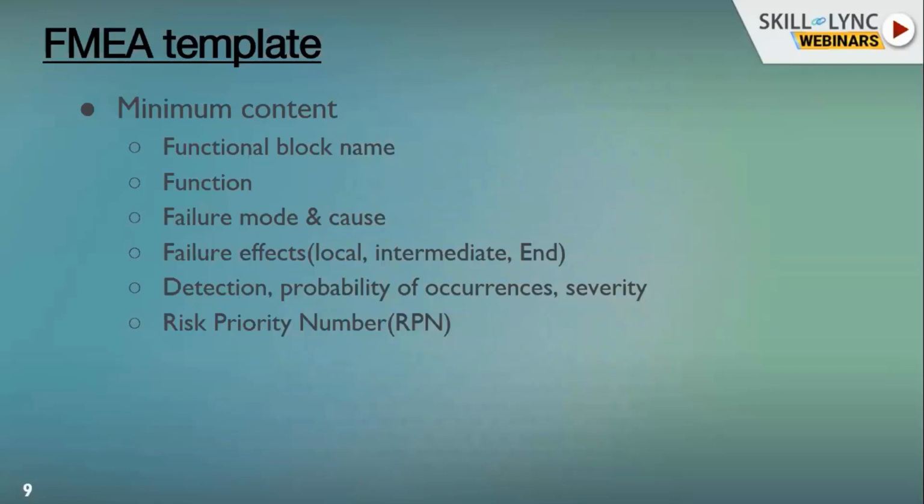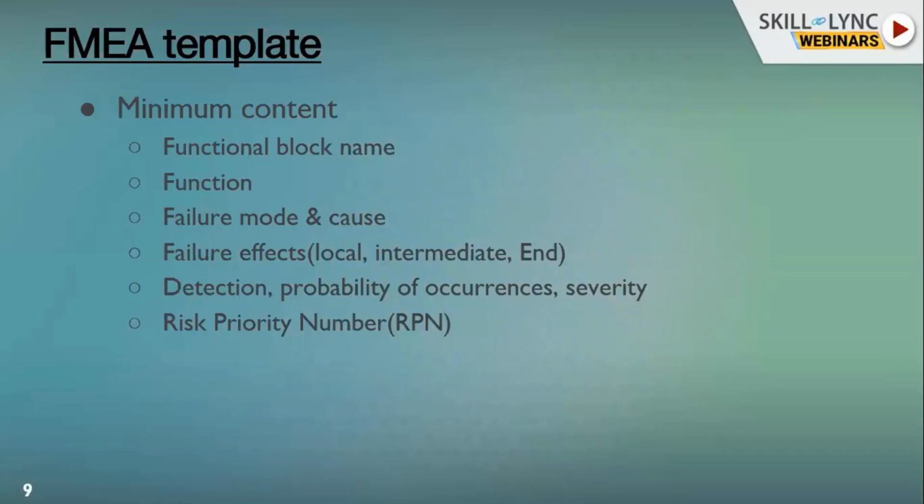And then there is major and minor. It depends on how big is the asset, how much you will lose. Will there be a liability case, or will there be some other issues? So you take that into account, and then you categorize from 1 to 4. That's the way this MIL standard 1629 has done it, but there are other ways to do it.